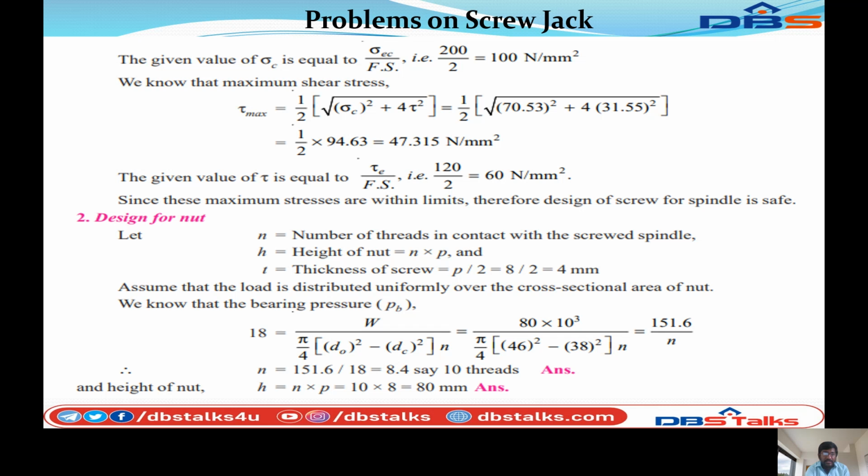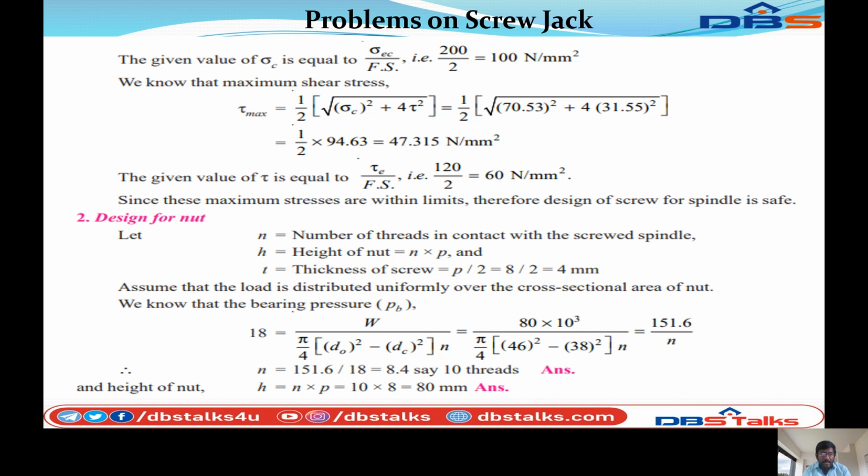So the given value of tau is equal to tau maximum by factor of safety, that is 120 divided by 2, that equal to 60 Newton per mm square. Since these maximum stresses are within limits, therefore the design of the screw spindle is safe.